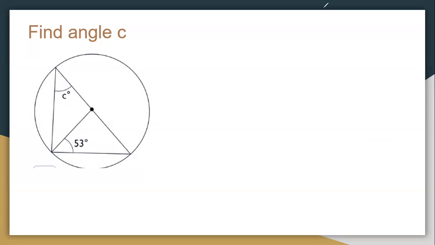Joel is saying 37, Mark is 37, Victoria 37. Okay, who's taking us through this number? Anyone who wants to take us through the number?